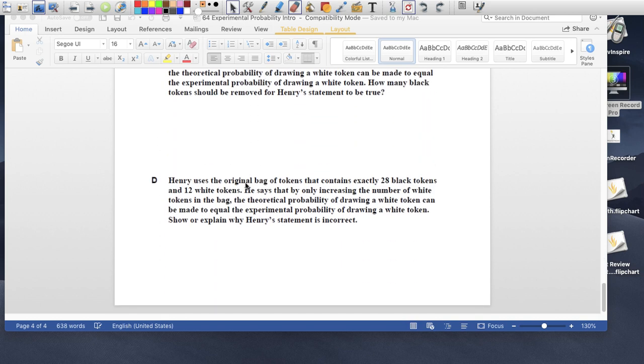He reached into the bag 10 times. So P of white is 4 out of 10. And that's the experimental, right? In the experiment, the probability of getting a white was 4 out of 10.